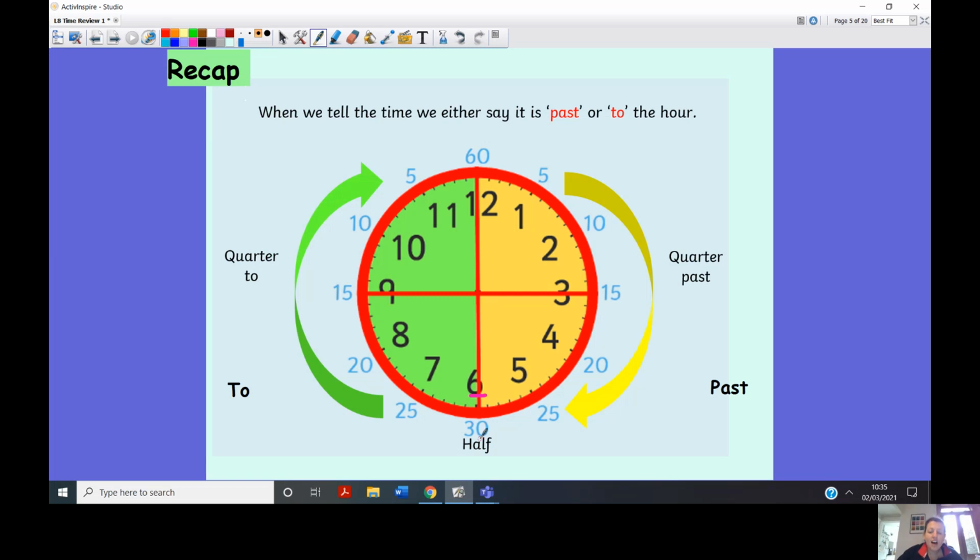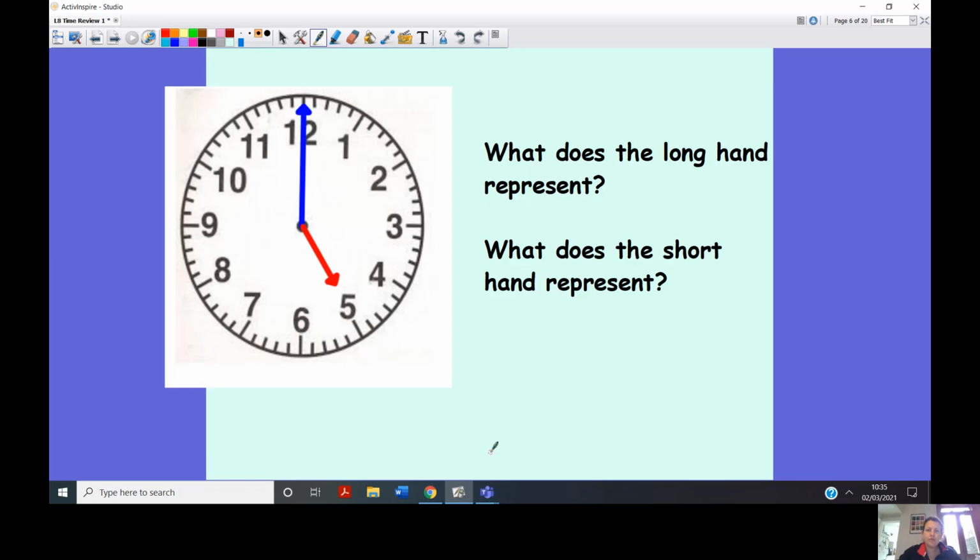If it is after this half past point, we say it's to the next hour. 25 to, 20 to, quarter to, 10 to, 5 to, o'clock. That is probably one of the trickiest things with looking at an analog time. So just remember that. Think of your clock as divided in 2. Anything where the minute hand is after the half past point is going to be to the next hour.